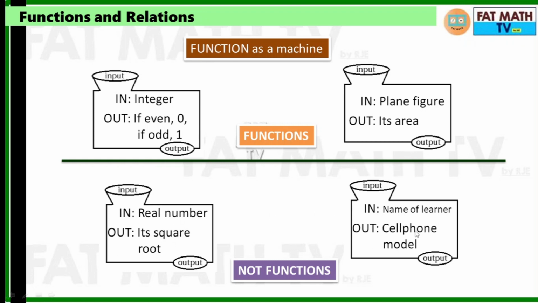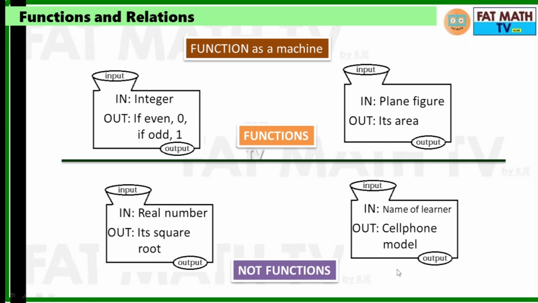Same here in the last example. If you have the name of the learner as the input and the output will be the cell phone model he or she has, then you may have two or more different outputs, because some learners have two or more cell phones. They can answer, oh, I have an iPhone 14.